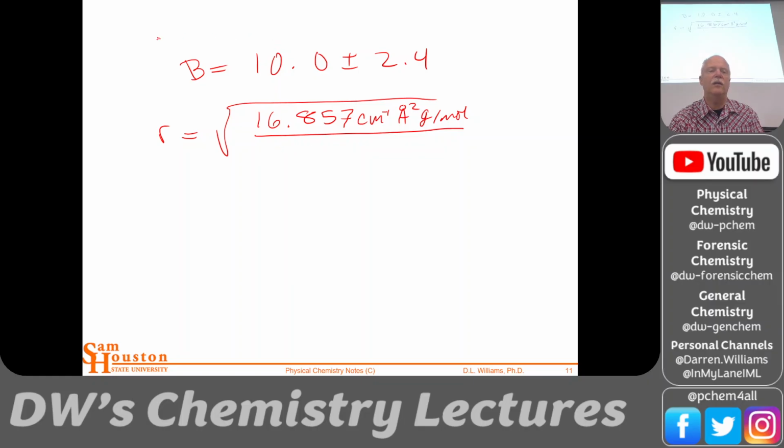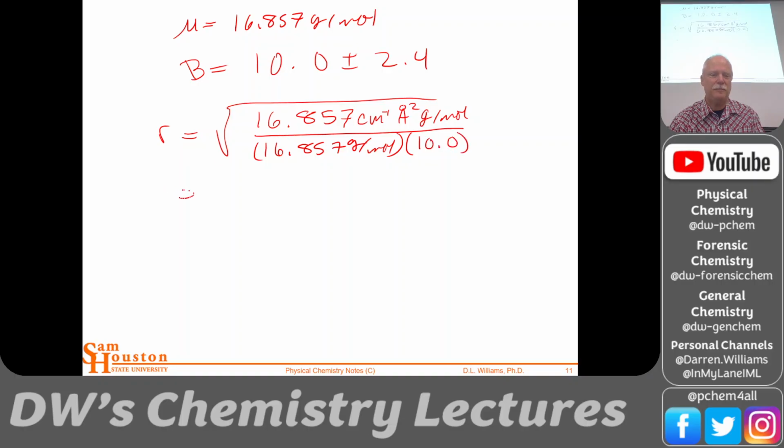We're going to say mu is equal to, I'm going to make the math real easy, 16.857 grams per mole. And then our B value is 10.0. We may end up with a really wonky, tiny little bond length, but that's what we're going to have.